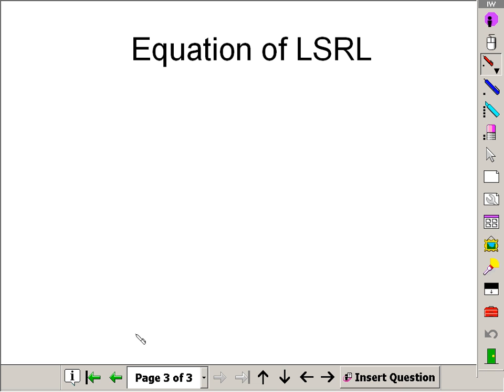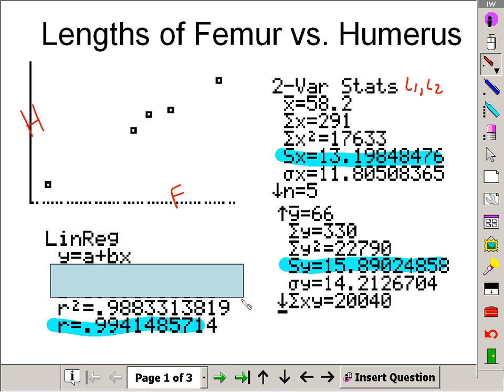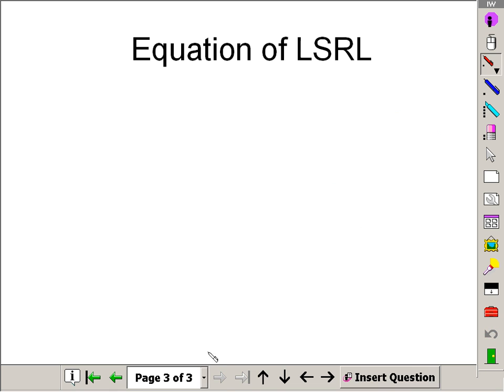So, let's go ahead and determine the equation of the least squared regression line. In this case here, R is 0.994, SY is 15.89, and SX is 13.198.